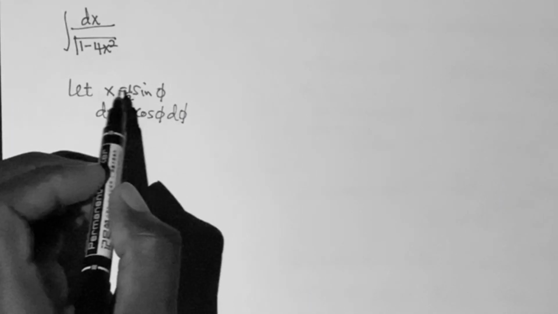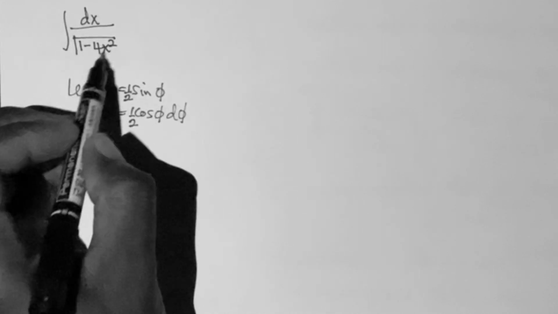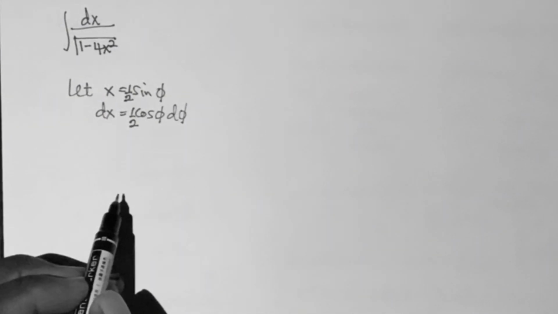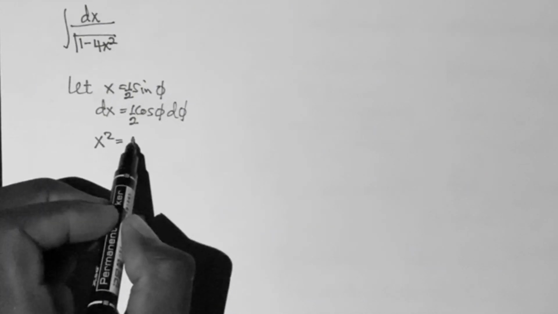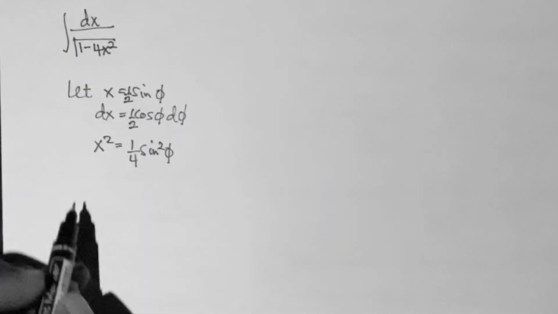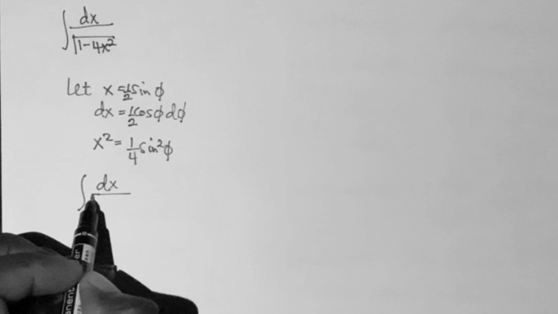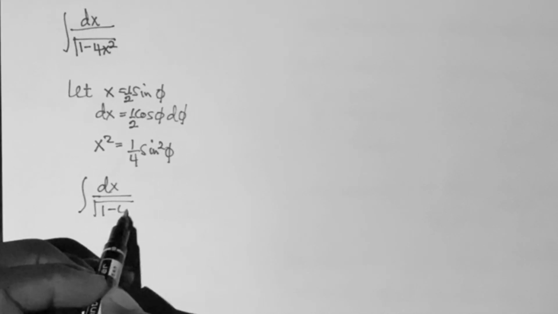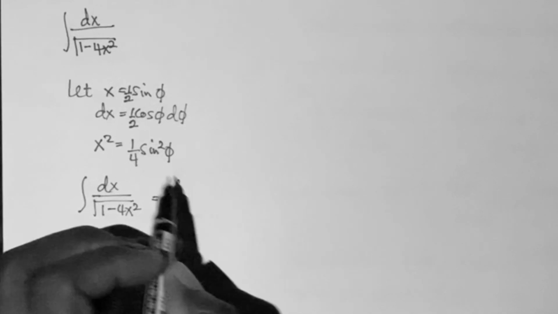Now I'm putting the half such that when we square this, we will get divided by 4, and that divided by 4 will kill this 4. So x squared is equal to 1 over 4 sine squared phi. So the integral of dx divided by square root of 1 minus 4x squared is equal to the integral of dx.